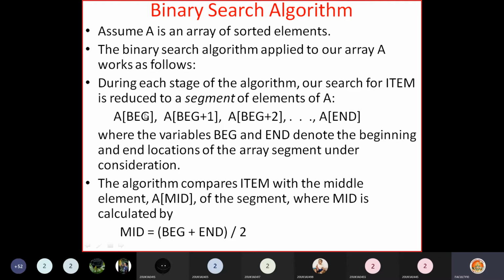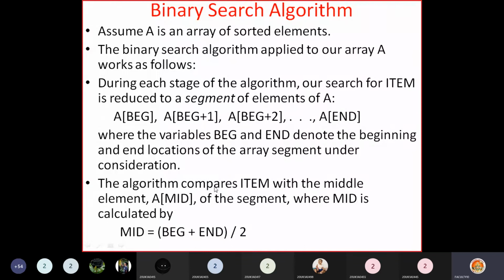Initially beginning will be 0 and end will be n minus 1. Assume there are n elements in the array, then the last location end will contain n minus 1. With that we'll start.